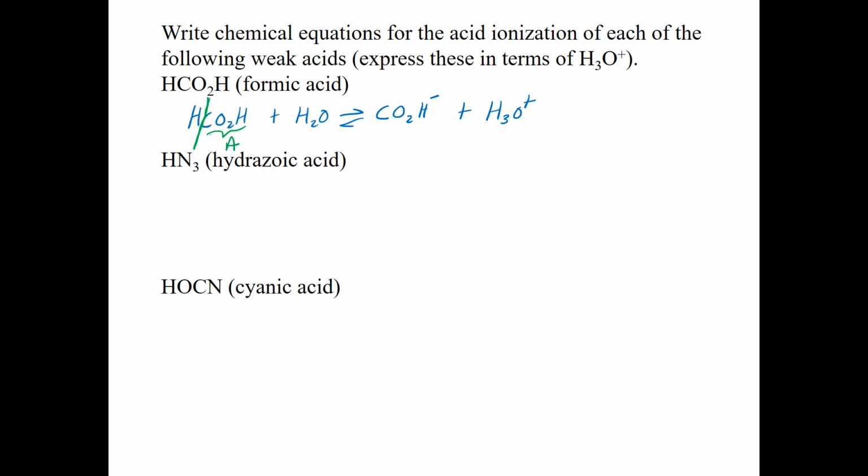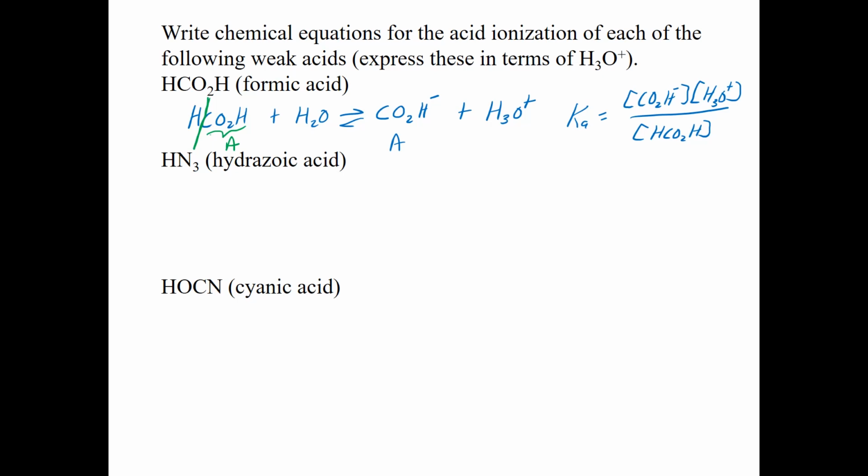So this is my A, and this is going to be my hydronium. And then to write the Ka for this expression, it's going to be the CO2H minus times H3O plus divided by the HCO2H. And again, no water because water is a liquid.